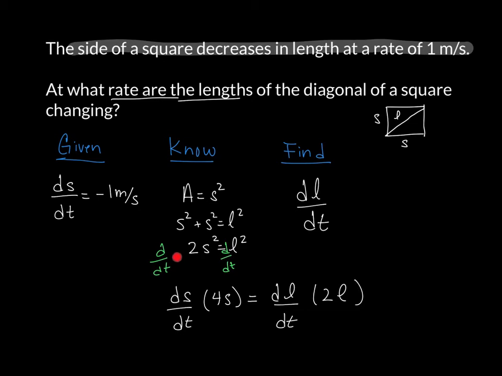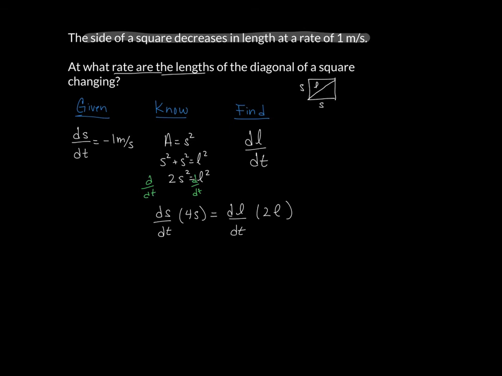Again, the implicit differentiation, we're taking the derivative of s with respect to time, that's my ds/dt, and then the derivative of 2s squared, which is where I get the 4s from. I take the derivative of L with respect to time, which is my dL/dt, and then the derivative of L squared, which gives me my 2L.